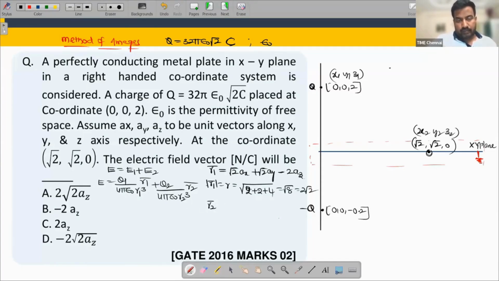Similarly, R2. This is X1, Y1, Z1, and this is X2, Y2, Z2. R2 is root 2 AX plus root 2 AY. Yeah, correct.